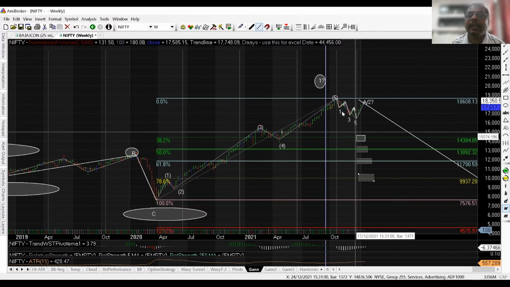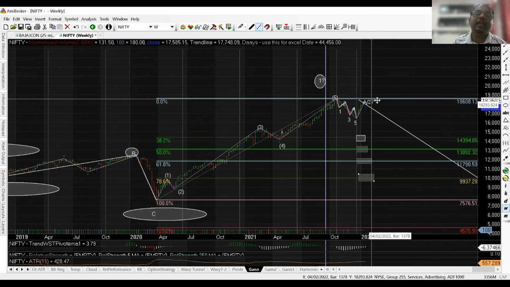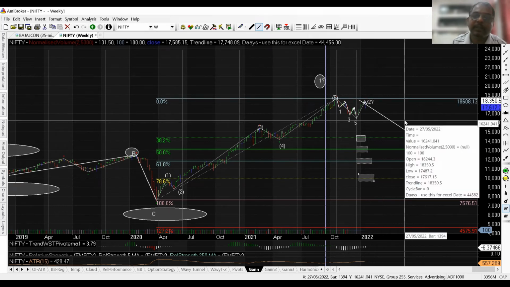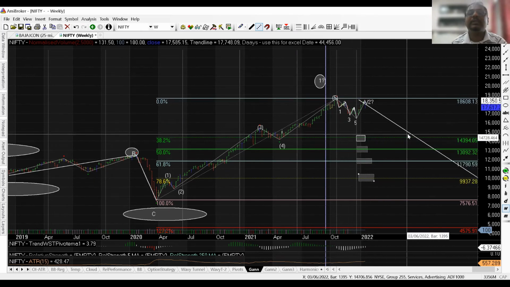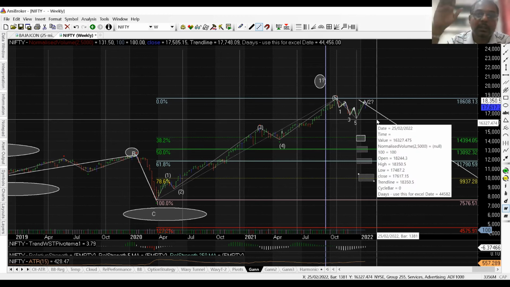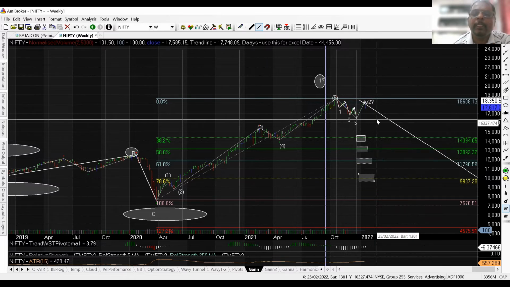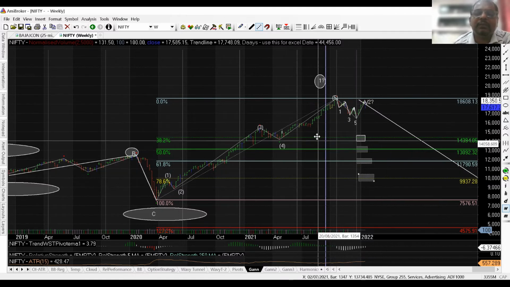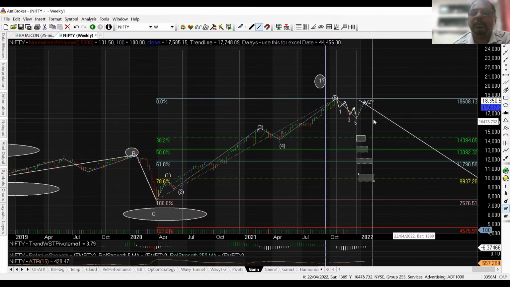But again, that is going to be seen with the internal structure. That internal structure could be an ABC flat, it could be an ABC zigzag, it could be expanding. It doesn't seem to be working out this time, or it could be a flat correction. Either way, whichever the correction is, these are my targets. If it is a flat correction, it would probably be somewhere here.